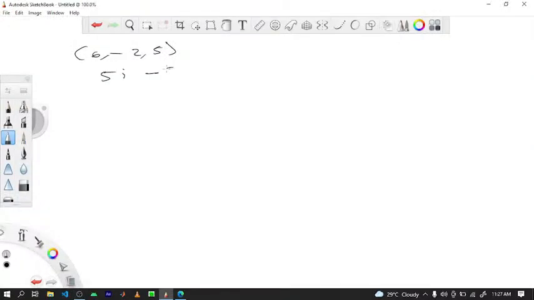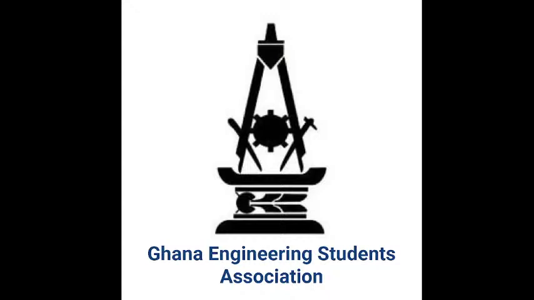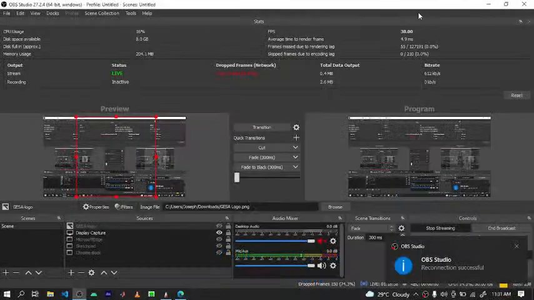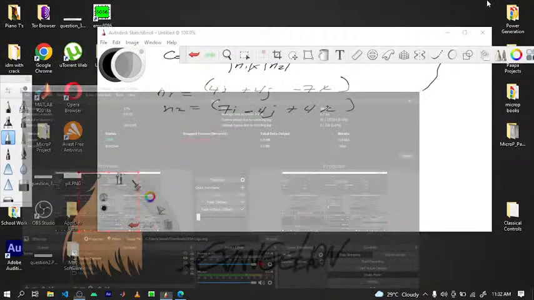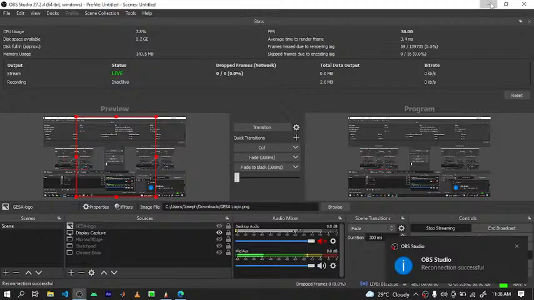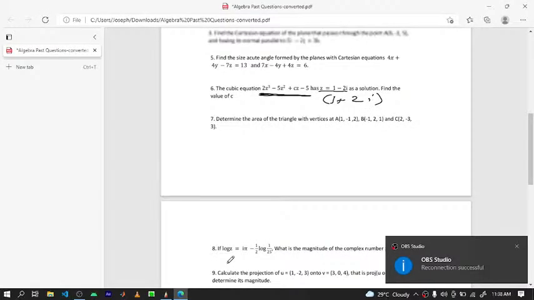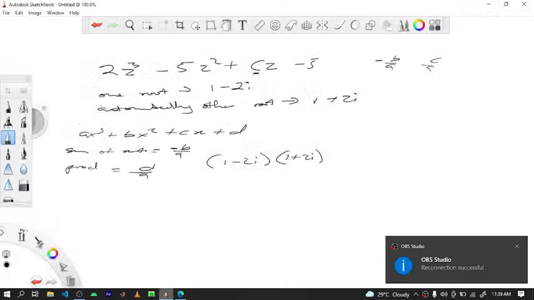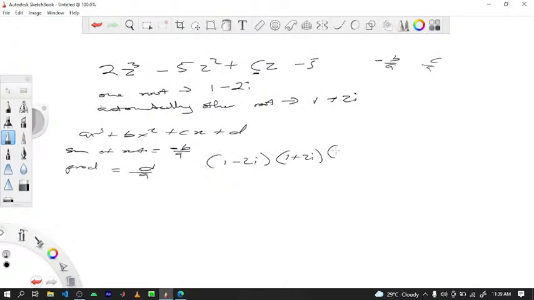Minus 2j, right? You are supposed to find the Cartesian equation of the plane. All right. So, okay. So this times, let's say the last root is maybe A. Let's use A for the last root.